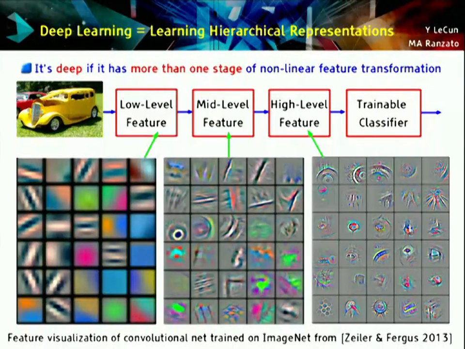So here I've used some visualizations that were produced by Matt Zeiler and Rob Fergus in our lab. Rob is a professor here who some of you might have taken a course with, and Matt Zeiler is a former student of his. They built a deep convolutional net very similar to the one I showed in my demo, which has many more levels than this, something like 10 levels.